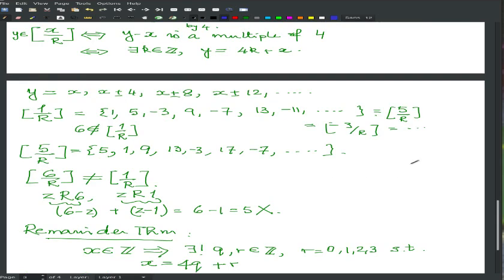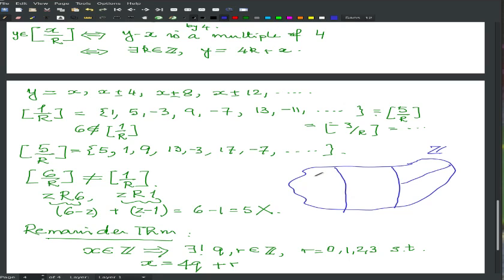This big bunch of integers is divided into 4 subsets. One is the equivalence class of 0. One is the equivalence class of 1. One is the equivalence class of 2, and the other is the equivalence class of 3. That's it. Okay? So that is what it is saying.